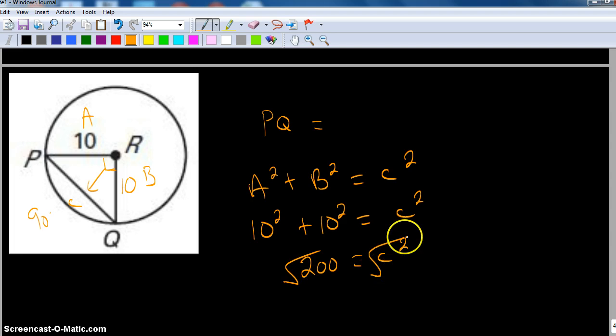Take the square root of both sides, and you get the square root of 200, which is 14.14. That's how long P to Q is. From P to Q is 14.14.